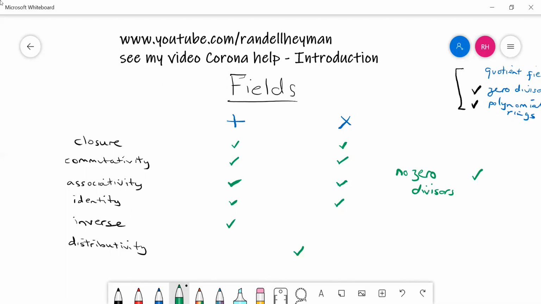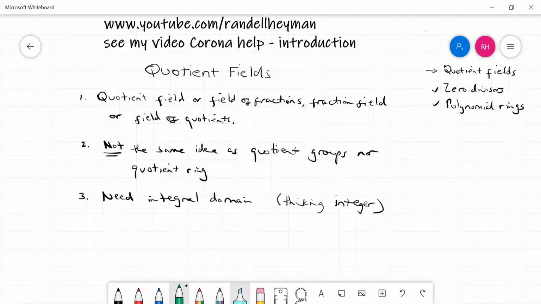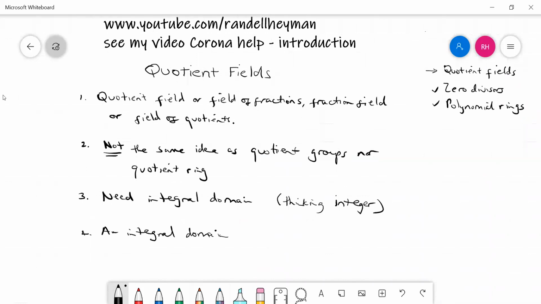So now let's go back to here. Let me just talk about what is an integral domain. An integral domain is a commutative ring.